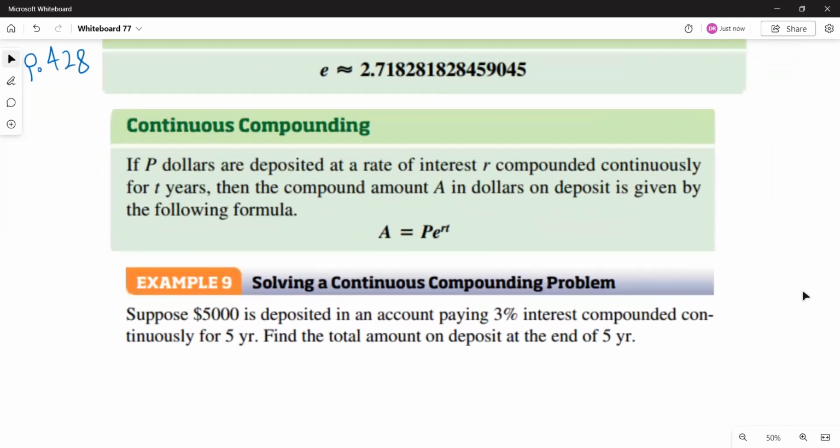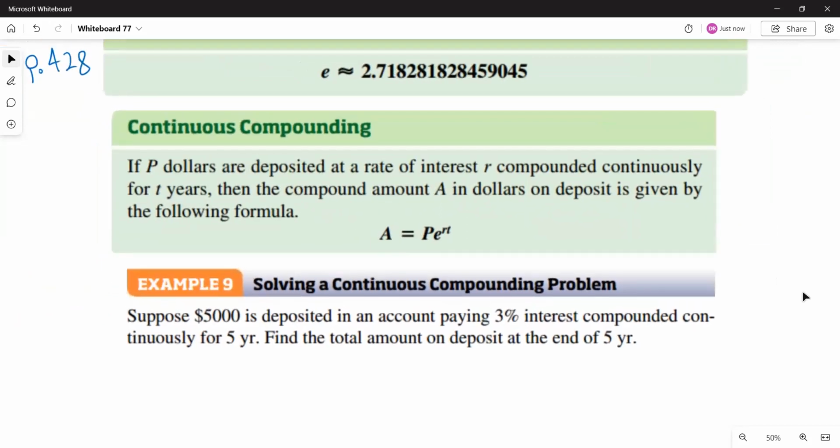Suppose that $5,000 is deposited into an account paying 3% interest, compounded continuously for 5 years. Find the total amount on deposit at the end of 5 years. The principal is 5,000. The interest rate is 3%, as a decimal 0.03. And it's compounded continuously for 5 years.